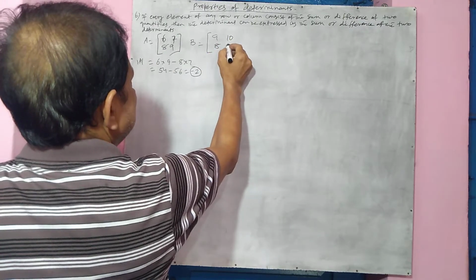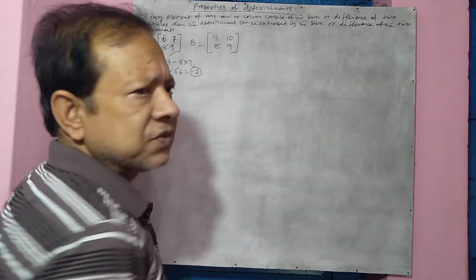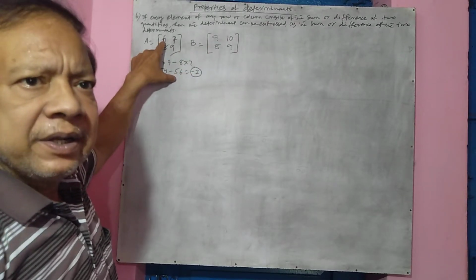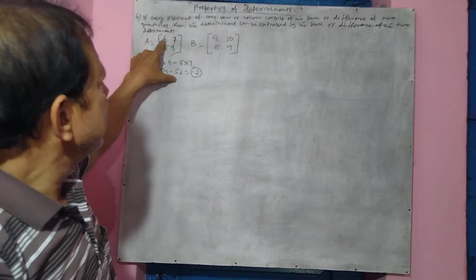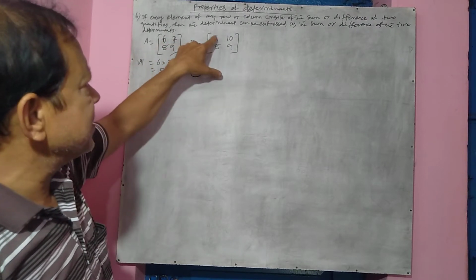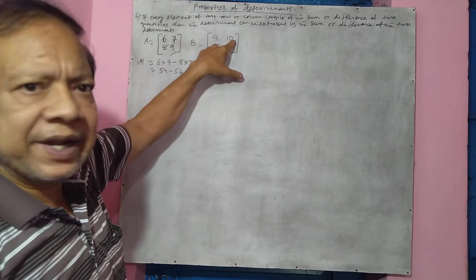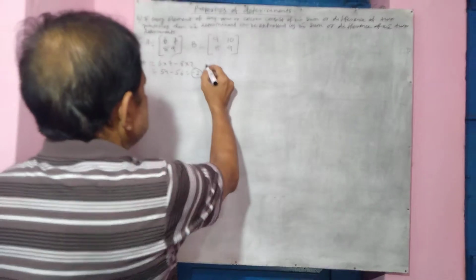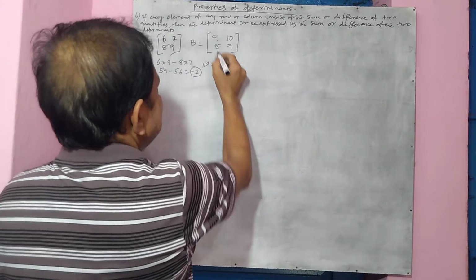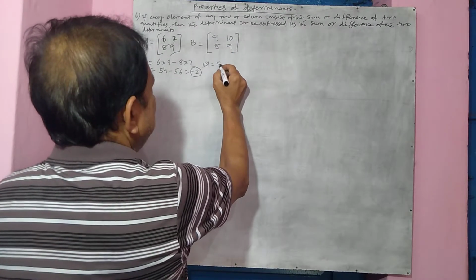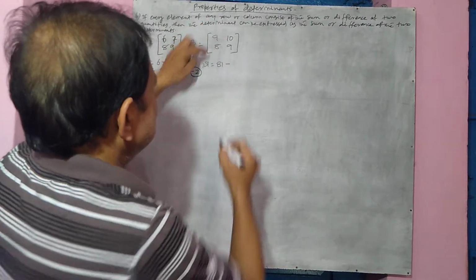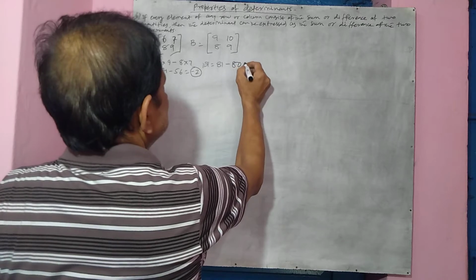Then these are 8 and 9. So here we have simply added a constant 3 to each element of the first row. Now let us find its determinant. 9 nines are 81 minus 10 into 8, 80, is equal to 1.